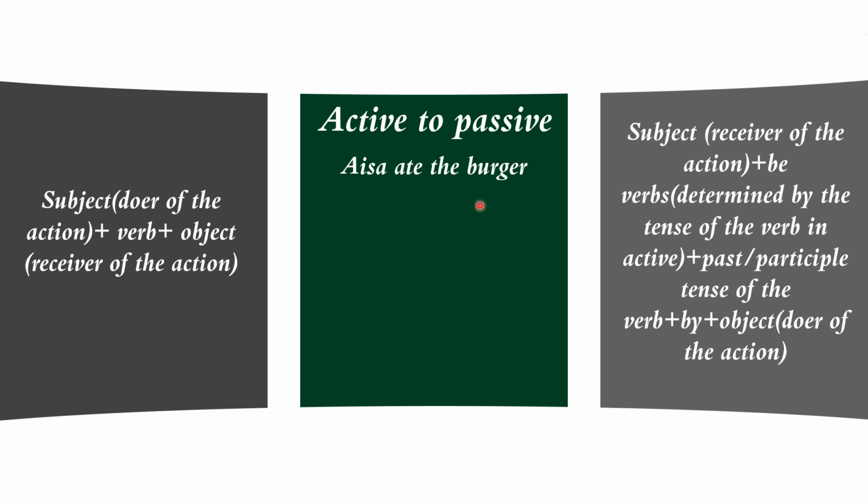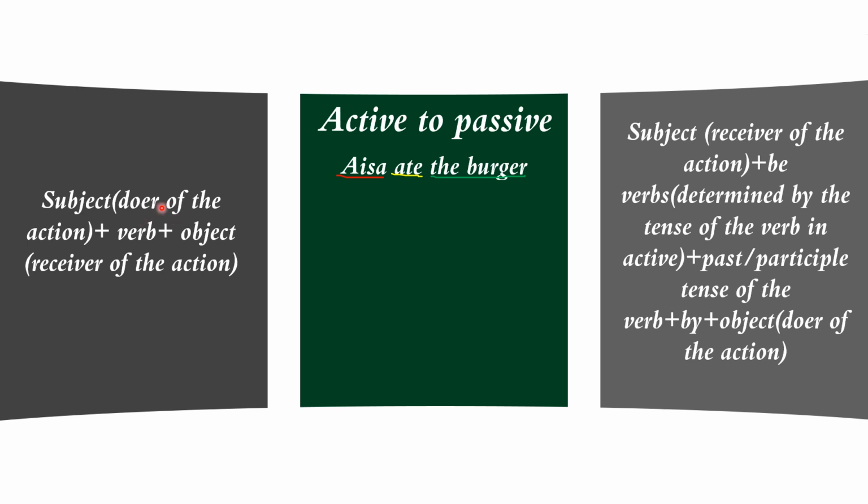As we labeled, Isa is the subject, ate is the verb, and the burger is the object, or the receiver of the action. We will now disregard this one because we checked how accurate it is to the formula of the active voice.